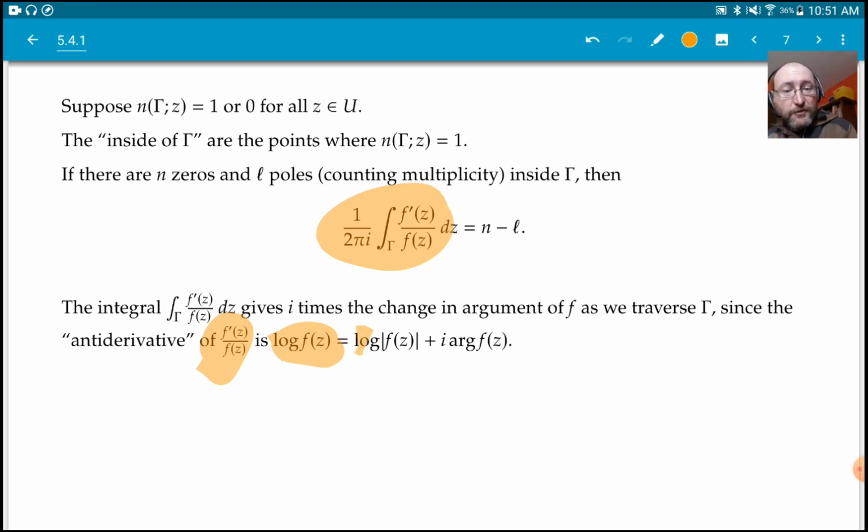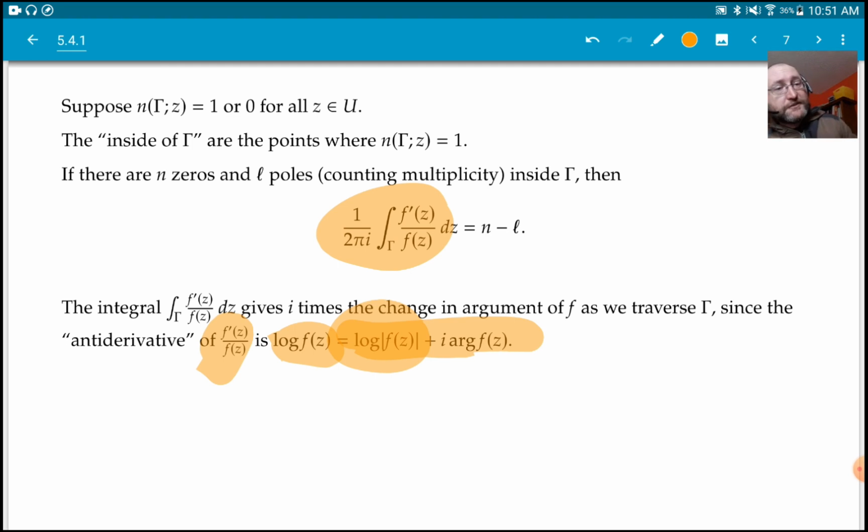Which, by definition, is not a function. It's this multiple valued function. The real part is fine. The real part is just the real log of the absolute value, the modulus of f. And then the imaginary part is the argument. That's the multi-valued part.